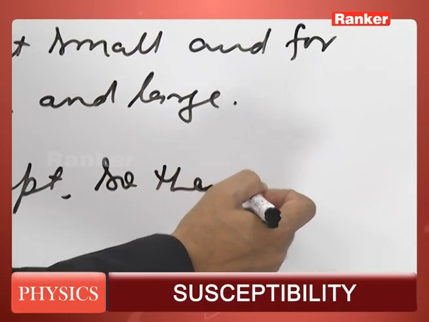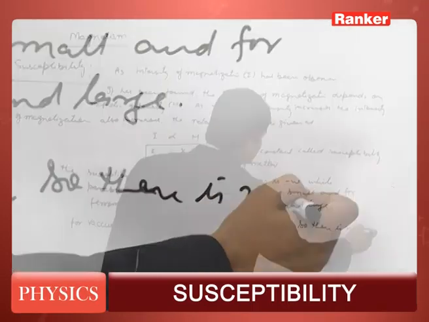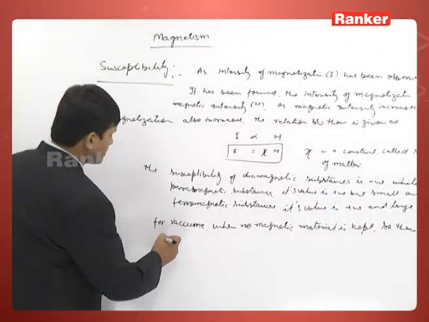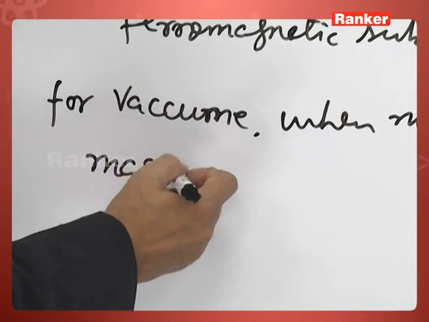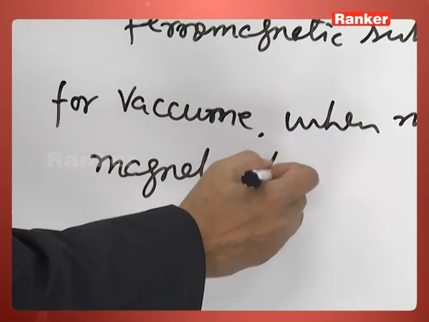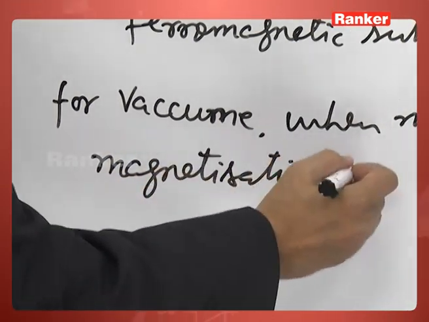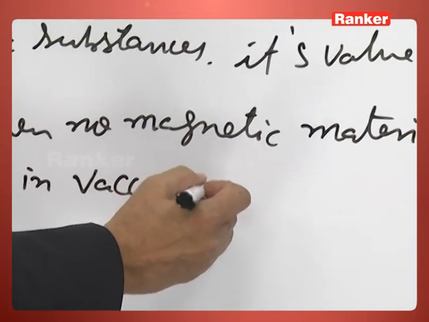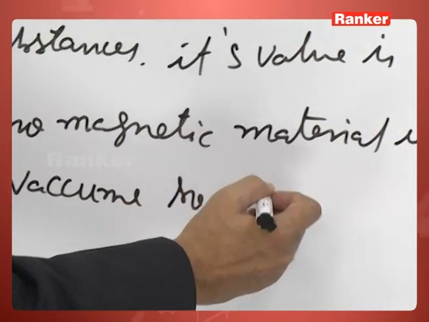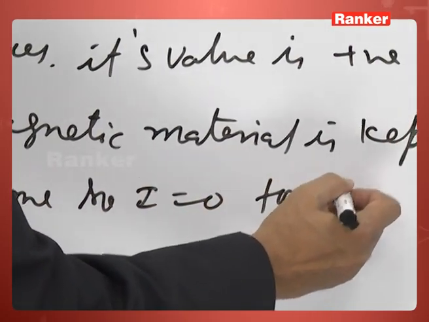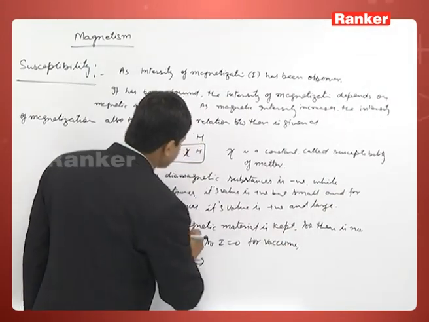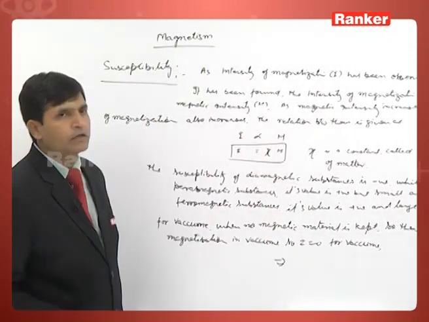So there is no magnetization in vacuum. So I is equal to 0 for vacuum. So that gives us susceptibility is also 0.